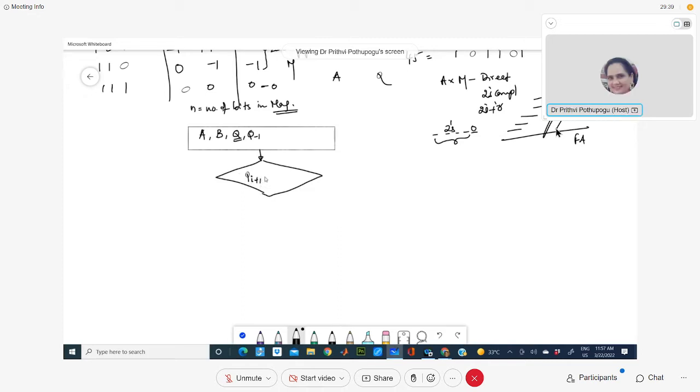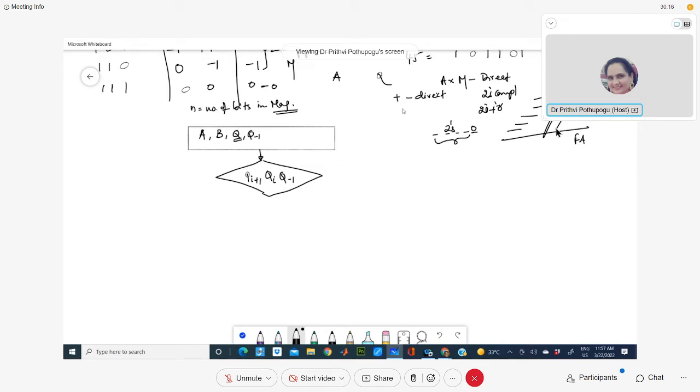Ma'am, is minus 2 also appending or just adding? Minus 2 is 2's complement added with 0. Minus indicates complement, so only plus 2 is appending 0. Plus 2 means direct adding of 0. Minus 2 means adding 0 to the 2's complement. Okay, ma'am. Plus means direct value.